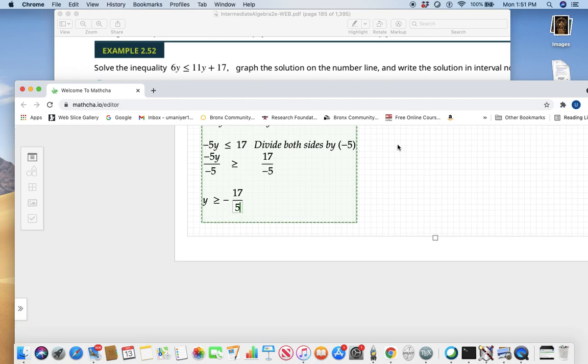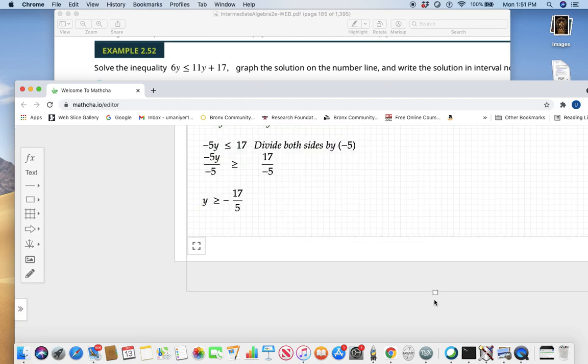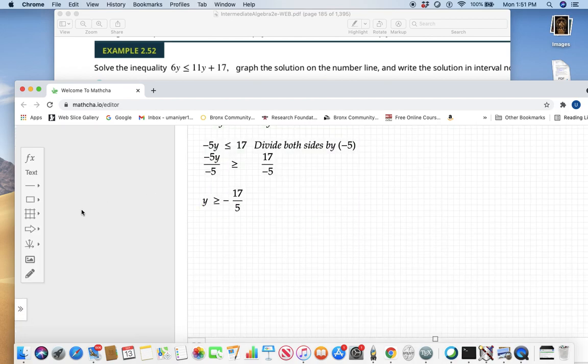Okay, at this point we are ready to graph. Here is your number line. Okay, it's a number line, so don't forget the arrows. Negative 17 over 5 is somewhere here.